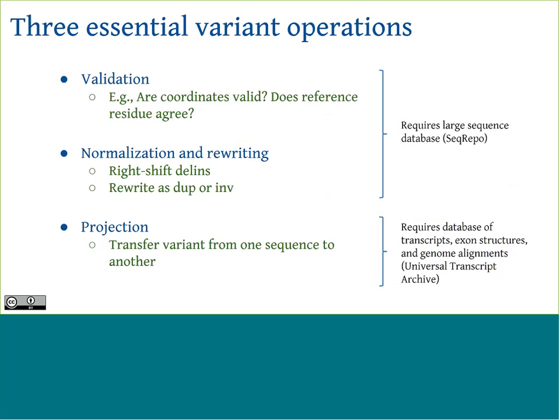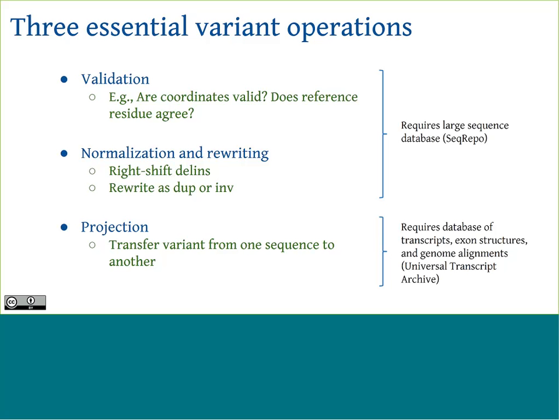And it does a bunch of things. I break down the operations that it does, especially the ones that are most user visible, into three basic areas. So there's validation, which is, given an HGVS expression, do I even know that it's valid? Are the coordinates within the bounds of the transcript? Does the reference residue that's specified in the variant actually match the reference residue on the reference sequence, and so forth?